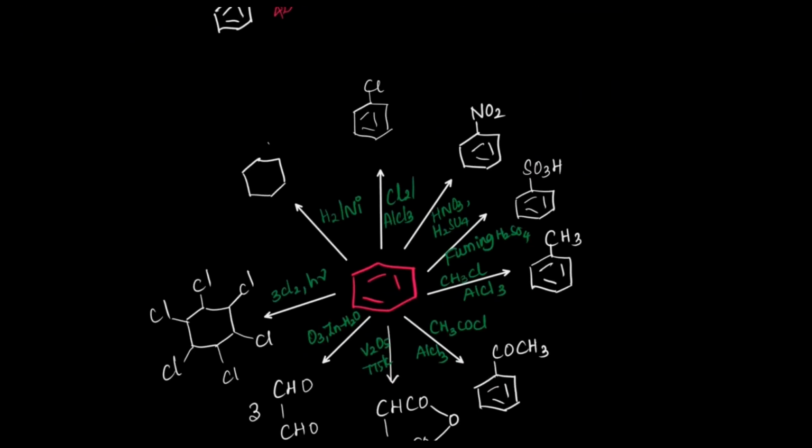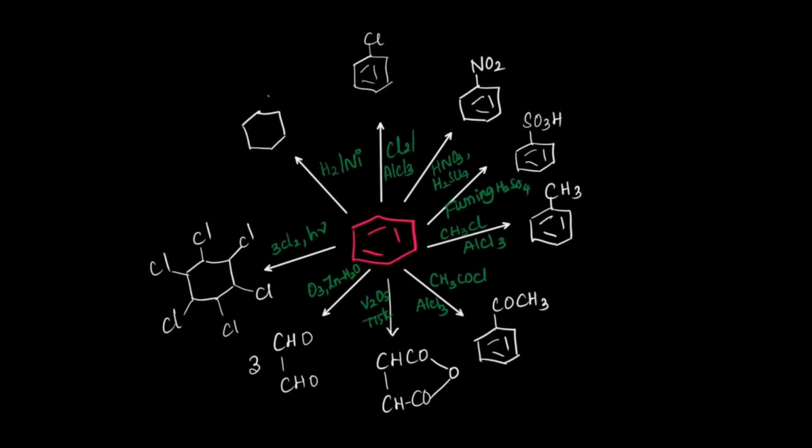Then we are going to look at the chemical properties of benzene. You can see benzene is a very reactive and versatile compound, but at the same time it is more stable. It undergoes many reactions.